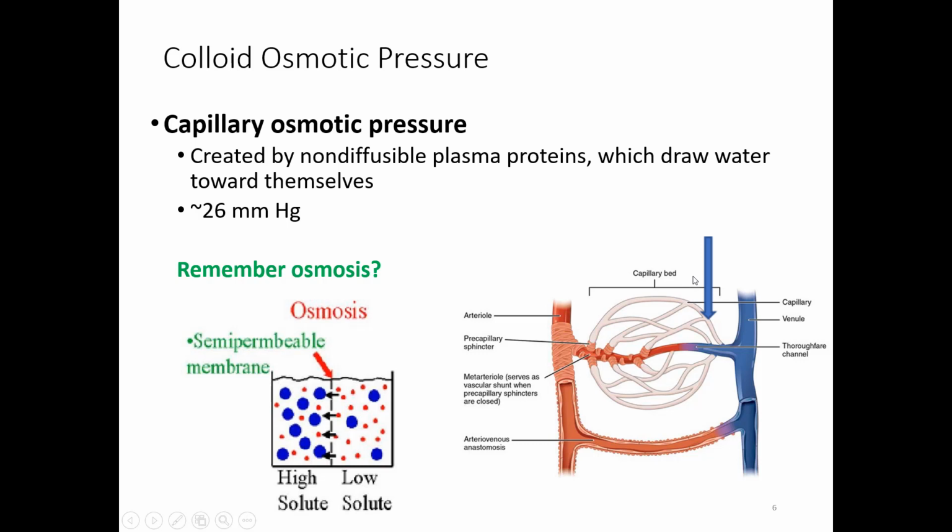That's why water by osmosis will be moved from the tissues into the capillaries, and it will happen mostly at the venous end of the capillary bed. The capillary osmotic pressure on average is 26 millimeters of mercury.